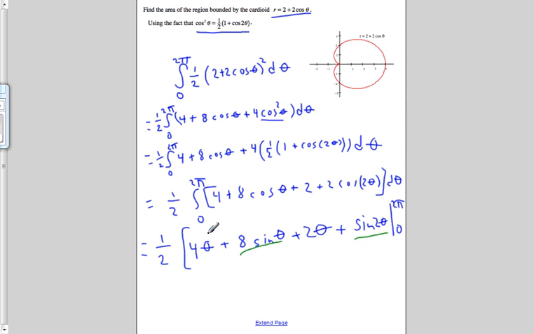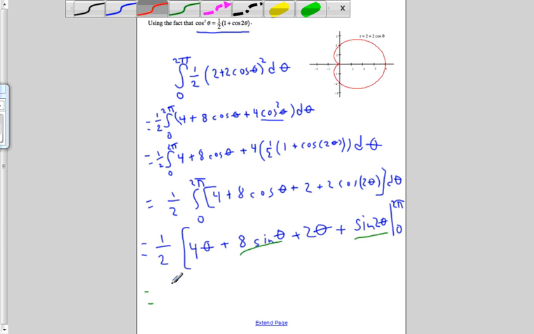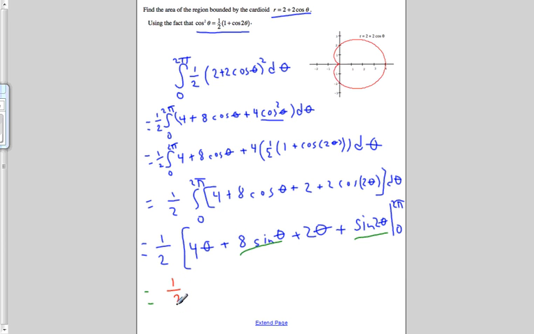So this ends up just being 1/2 times 4 times 2 pi plus 2 times 2 pi.